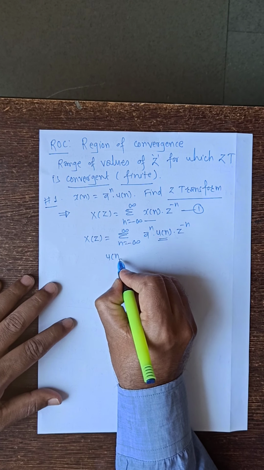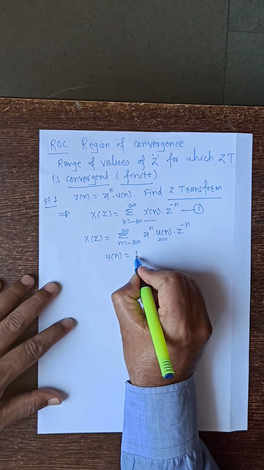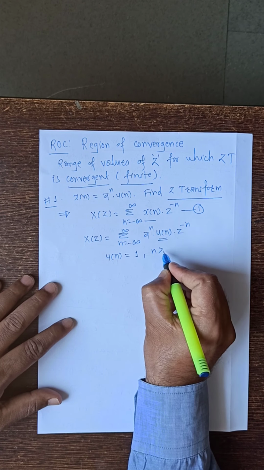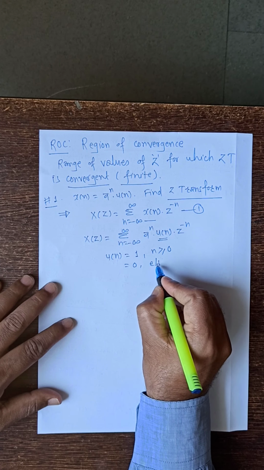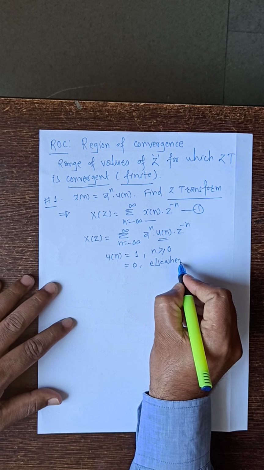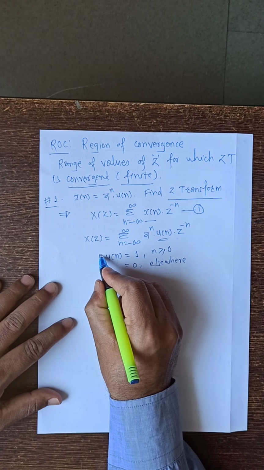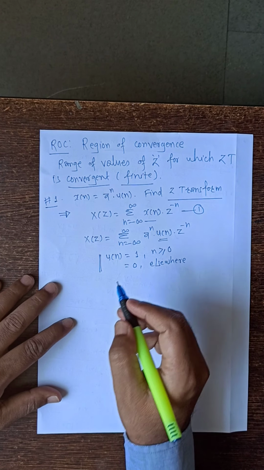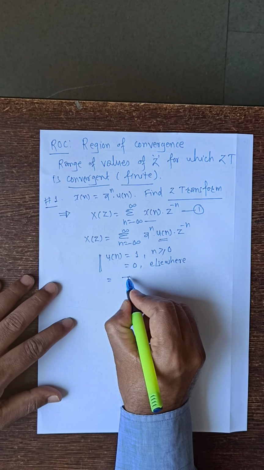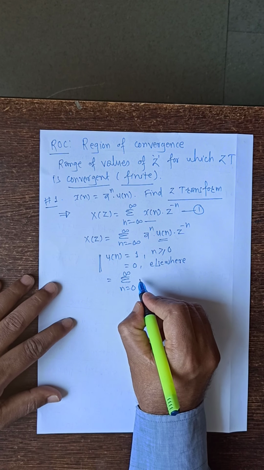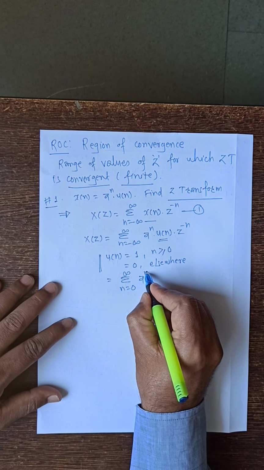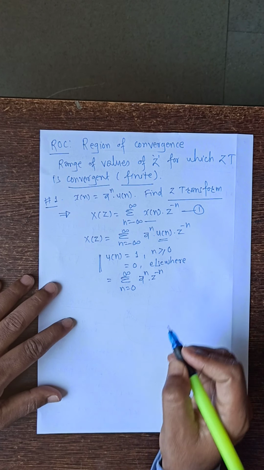As we know, u[n], the unit step signal, is equal to 1 for values of n greater than or equal to 0, and equal to 0 elsewhere. Means the summation is going to change, that is equal to summation n equals 0 to infinity a^n z^(-n).